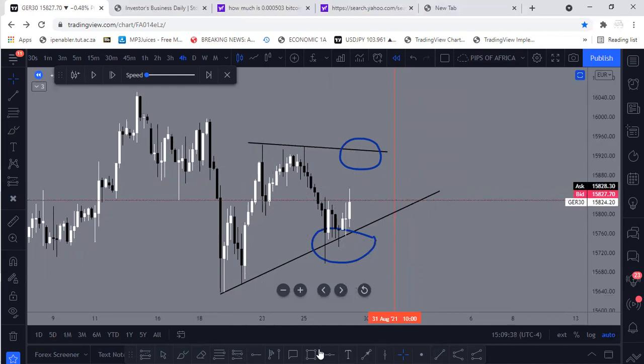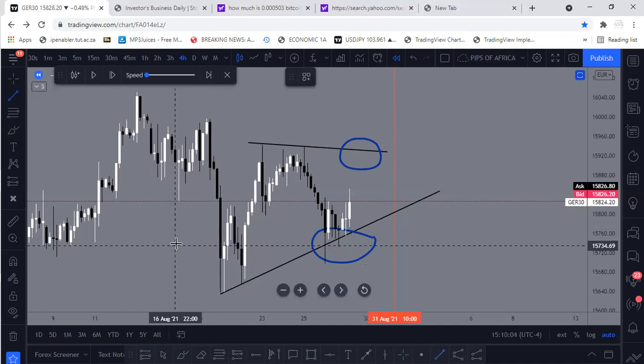Let me also join another line here, because you see this order block here. We are going to trade the market on this order block, but this order block has liquidity above. Why? Because the market sold strongly like this, meaning people who were selling here made a lot of money here.